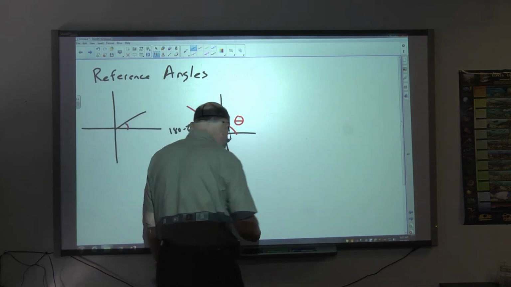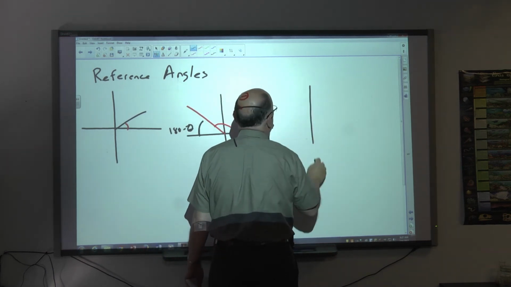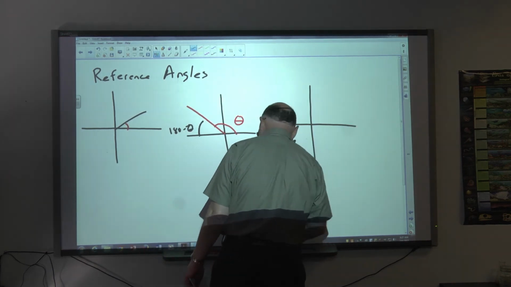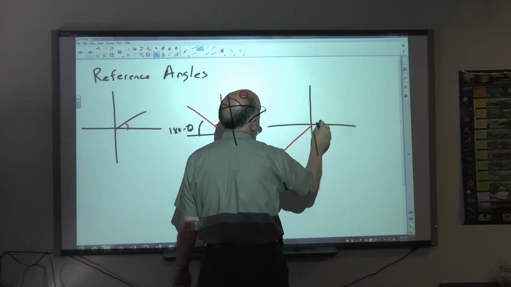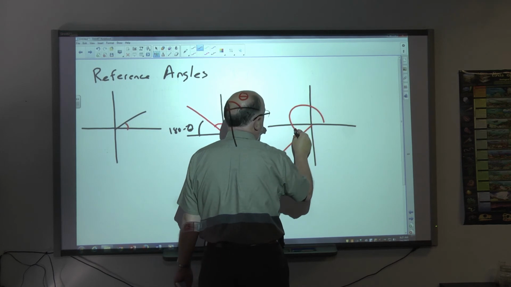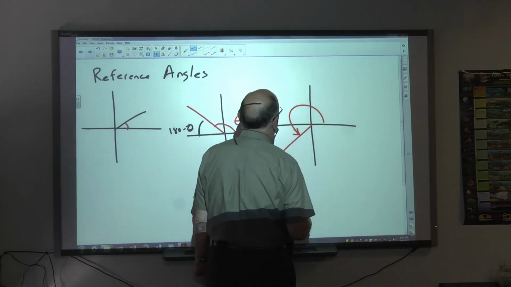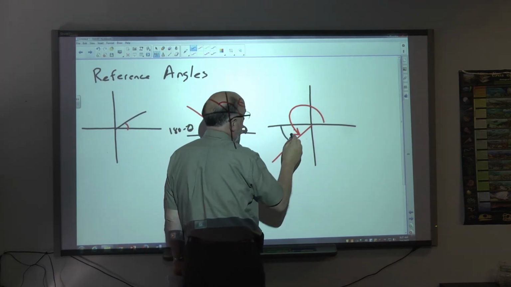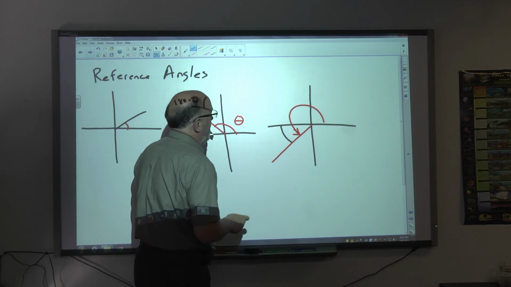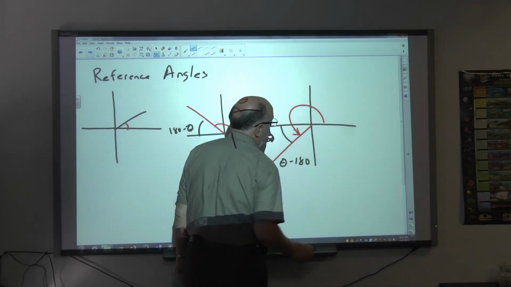I go to the next quadrant, so now I'm down over here, and now we're in this spot. The angle I want in terms of my reference angle is always to the x-axis, so this is given by theta minus 180.